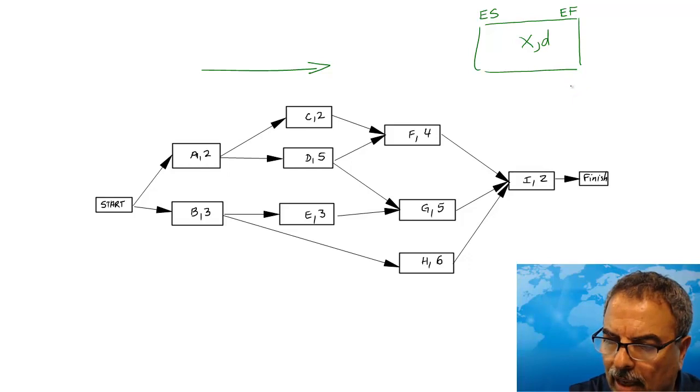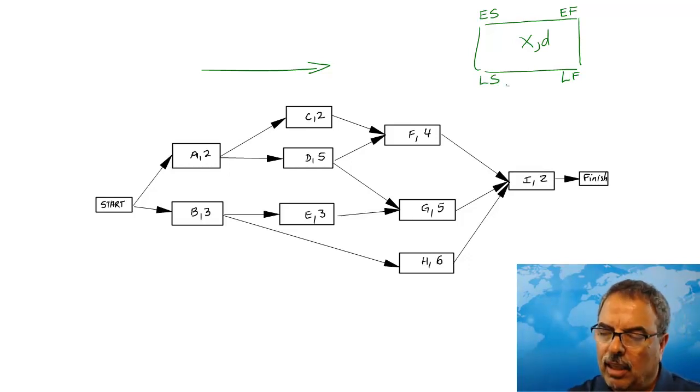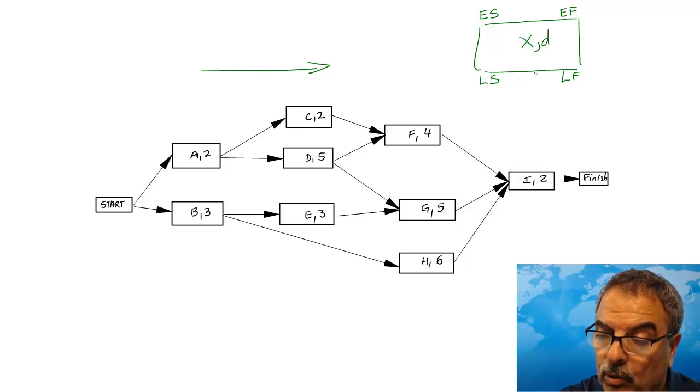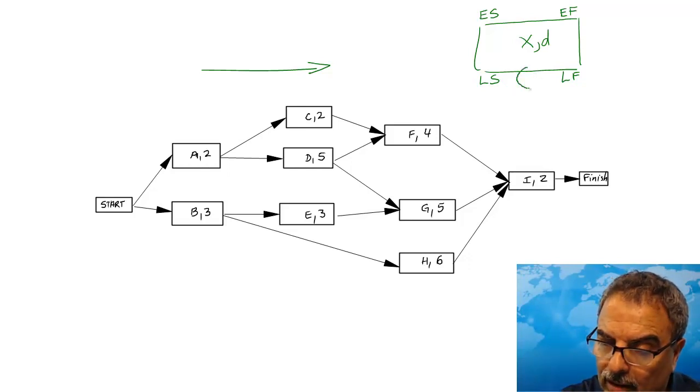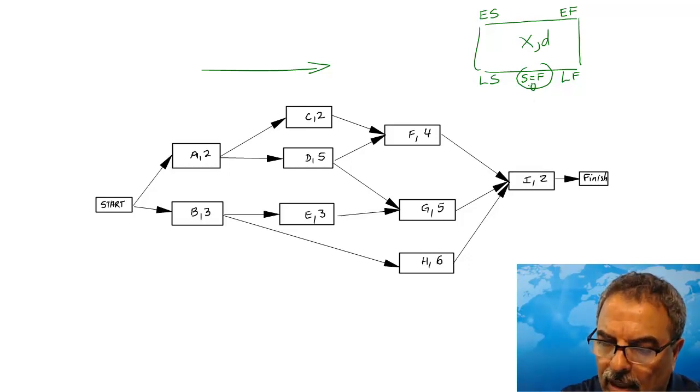When we come back, we calculate the latest finish, and then the latest start, which is latest finish minus duration. Then we calculate a value right here, which is the slack or the float. When this value equals 0, that task is a critical task. That value again is the difference between EF and LF, or between ES and LS.